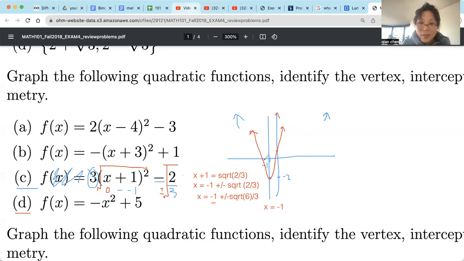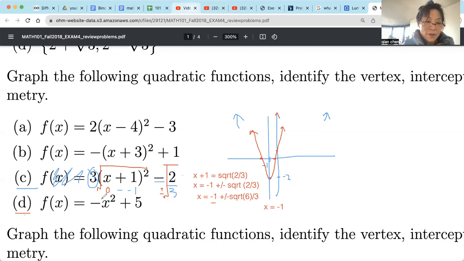So I just pointed out this is -1 minus square root of 6 over 3, and this is -1 plus square root of 6 over 3. Now C is finished.